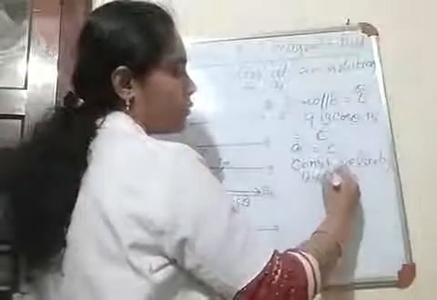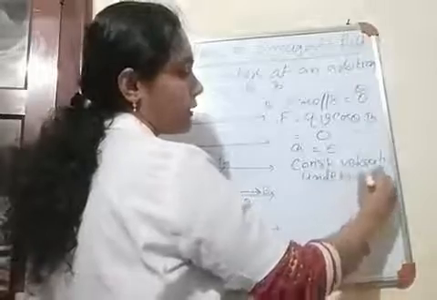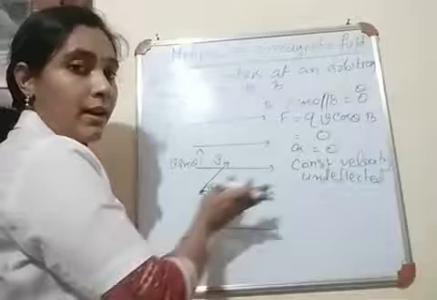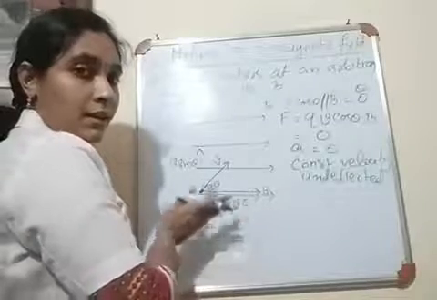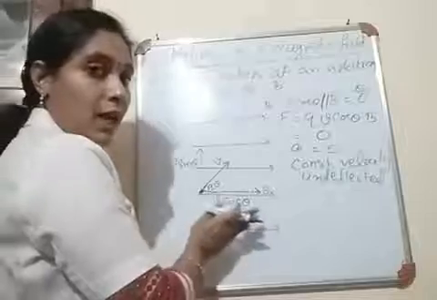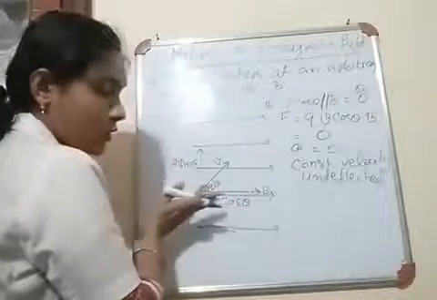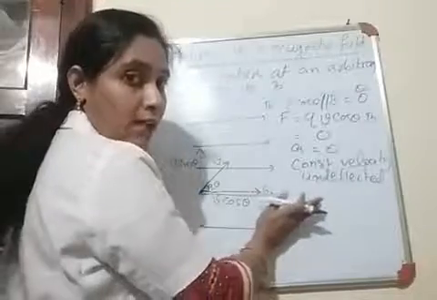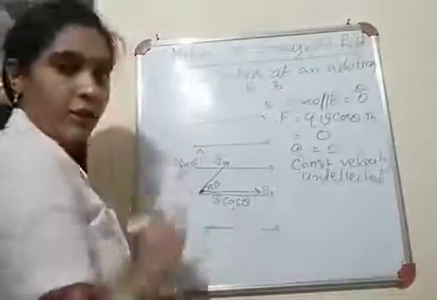So it will move undeflected. Along this direction, the particle experiences 0 force and 0 acceleration, and the path will be undeviated. So it will follow a linear path along this direction.